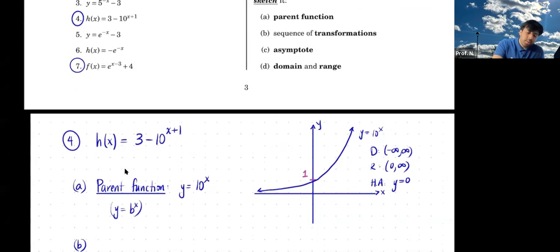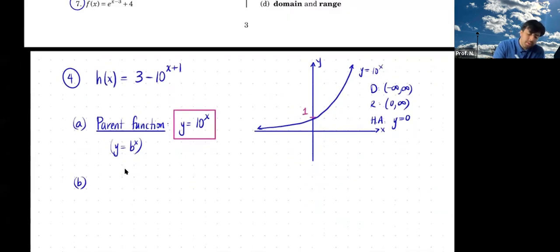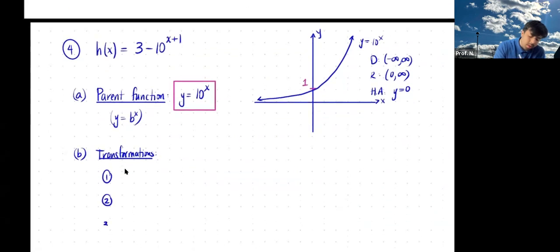Sequence of transformations. So what are the transformations that I'm applying? This is where things get interesting. So I have three transformations.